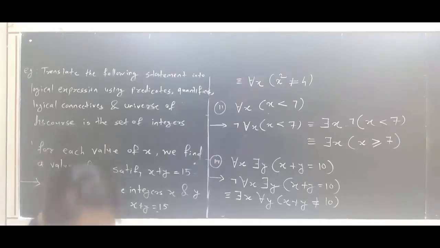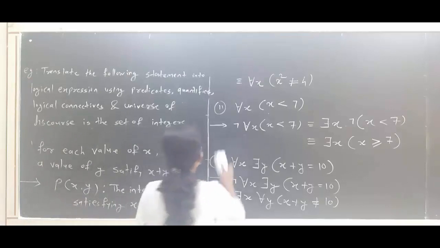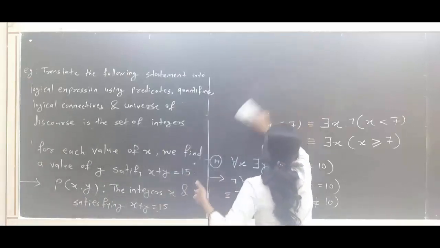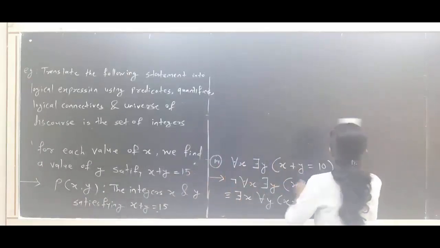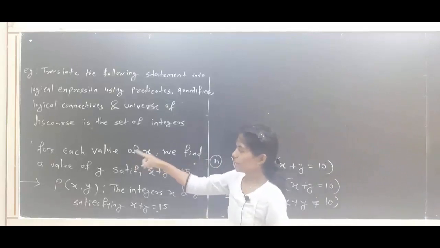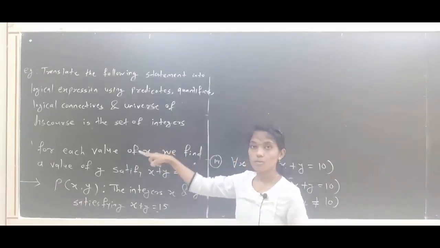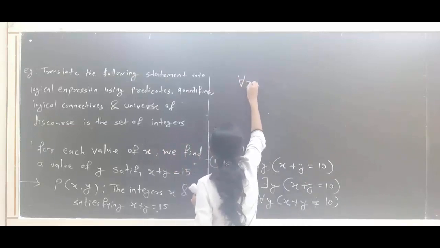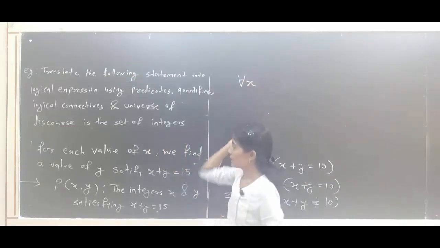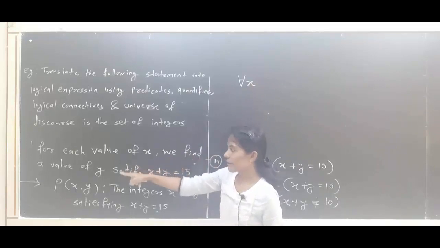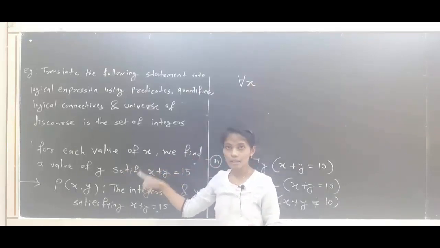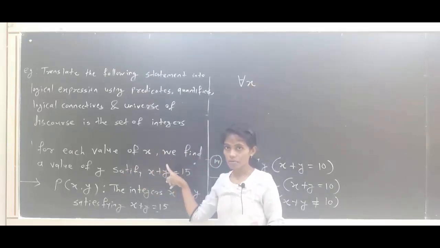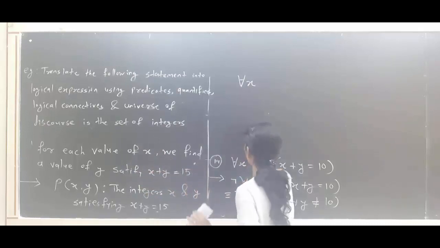Now its logical expression is for each value of x. For each, that is universal. So for each value of x, we find a value of y, that is for some.